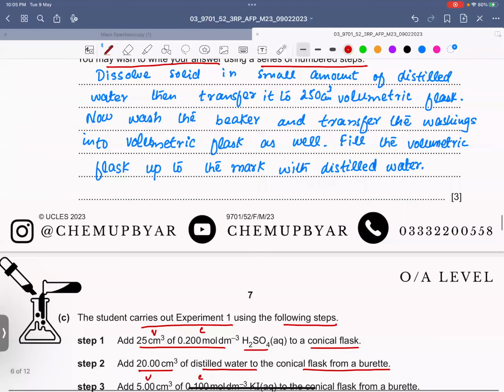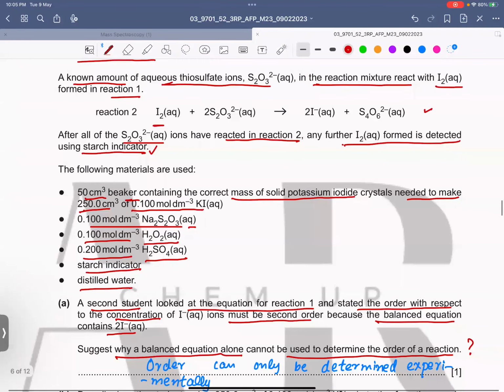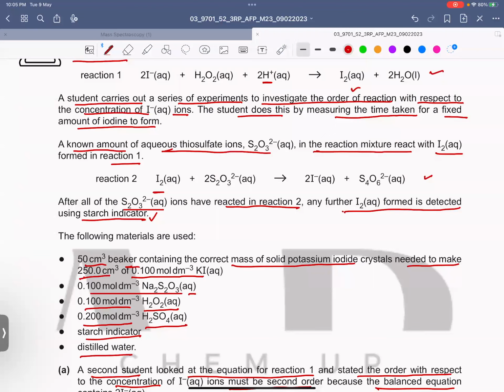Look at this statement: after all of the S2O3 2- ions have reacted in reaction 2, any further iodine formed is detected using starch indicator. So whenever there is starch and thiosulfate both in the solution, first thiosulfate is going to react, and then in the second stage, starch reacts with iodine.